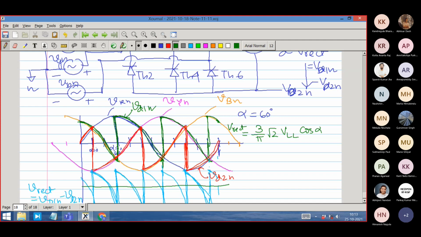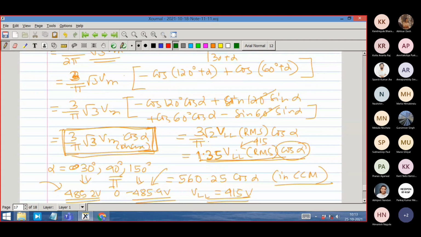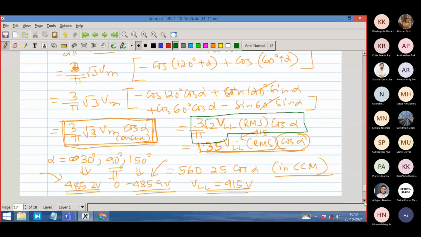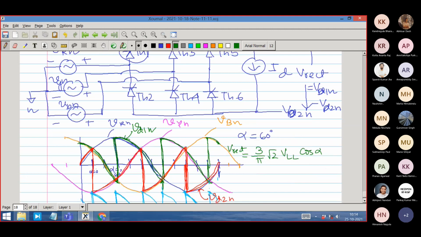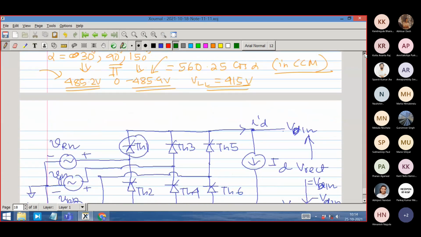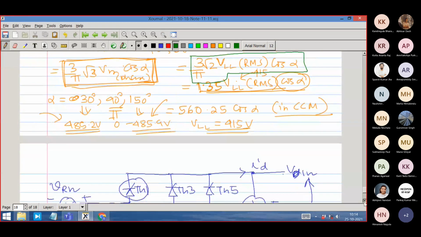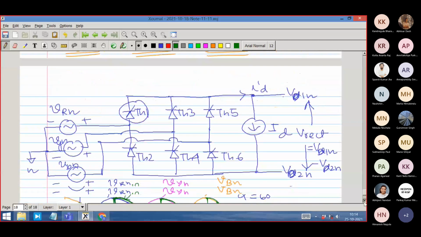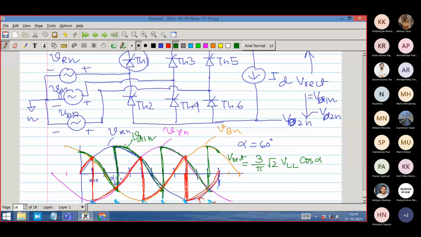Numberwise, this is 1.35 VLL line to line RMS cos alpha, right? So here if I put alpha equal to 60 degree, whatever value you get, that will be the value. Normally 415 volt is the 3-phase supply, you get it into cos of 60 degree.